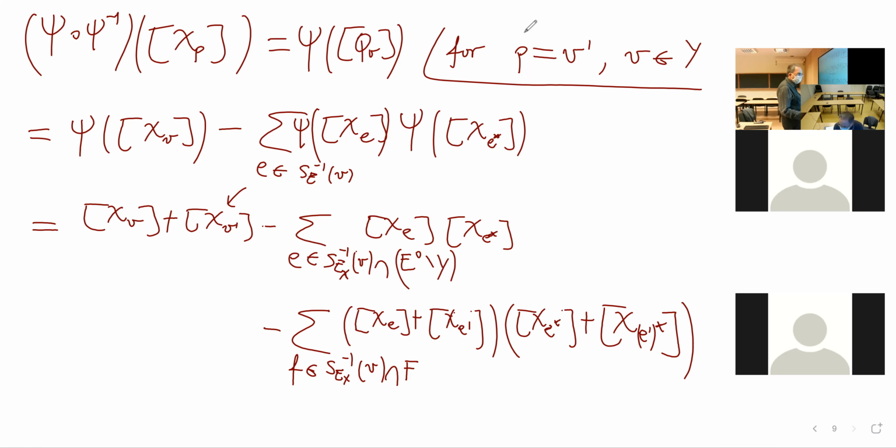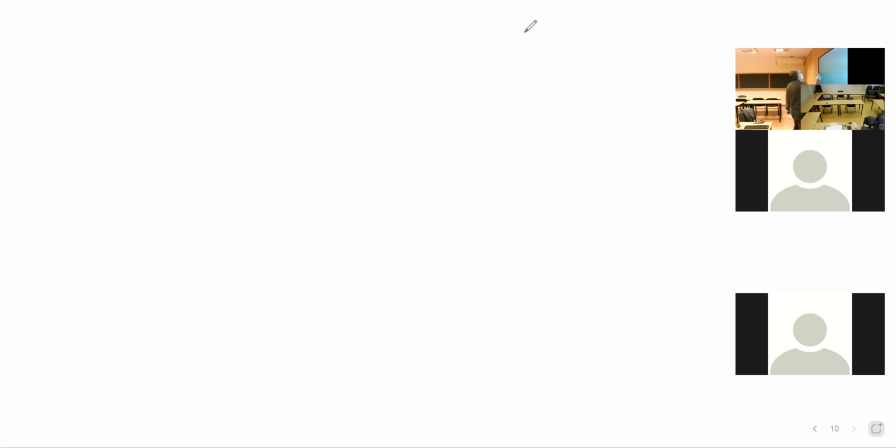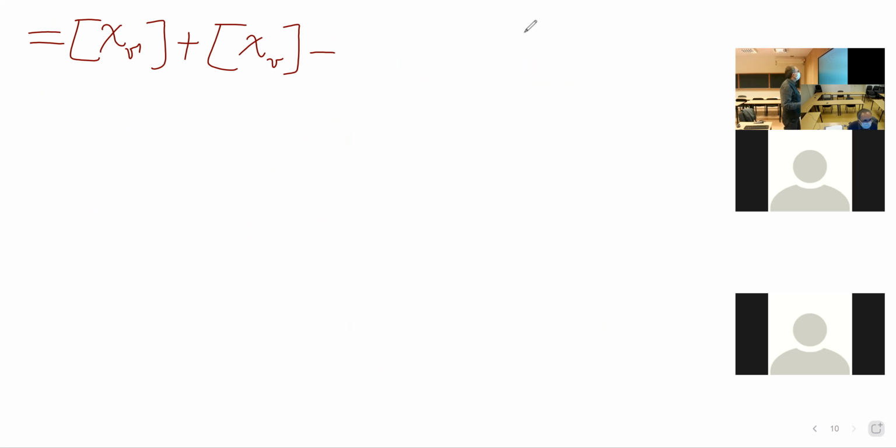Okay, so let me use the fact that addition is abelian. So I'll now write it as the class of chi D prime plus the class of chi D. And here I have these two sums. Well, the first sum is easy.